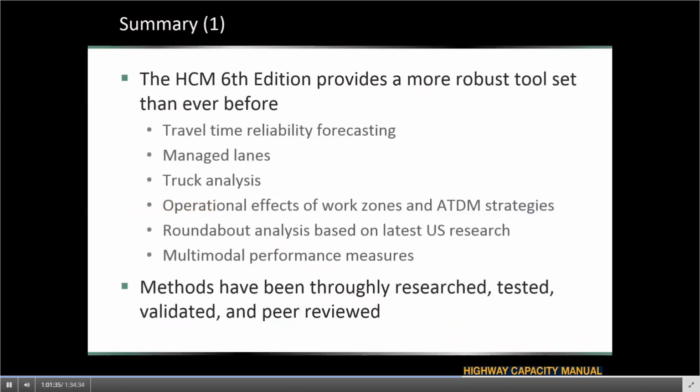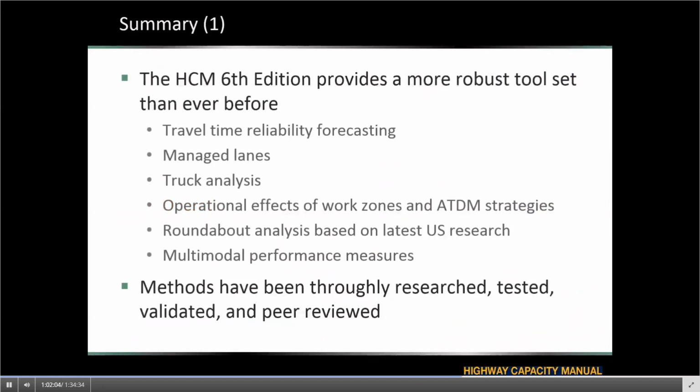Many of you on this webinar have likely been involved in the research as reviewers and panel members, or agencies that provided data. So really a large national effort led into this, to where we now have specific methodologies to evaluate travel time reliability, managed lanes, trucks, work zones, the new roundabout methods, and new performance measures. So really key gaps have been filled in the HCM to provide a very robust tool set.